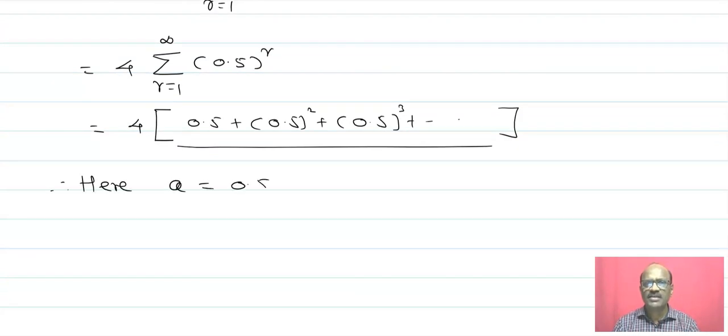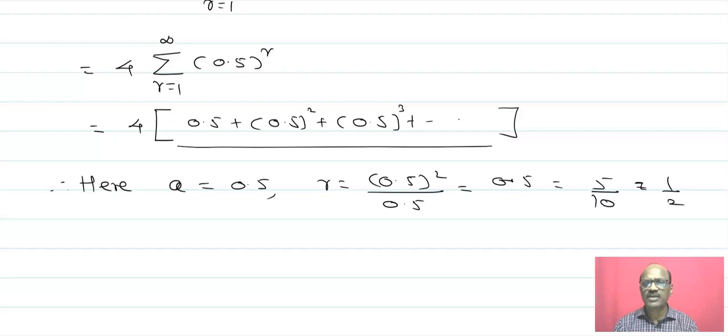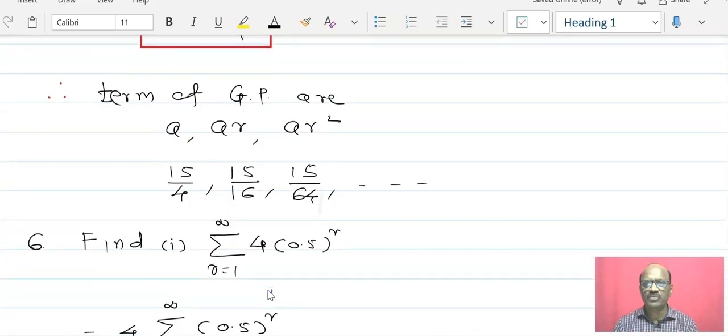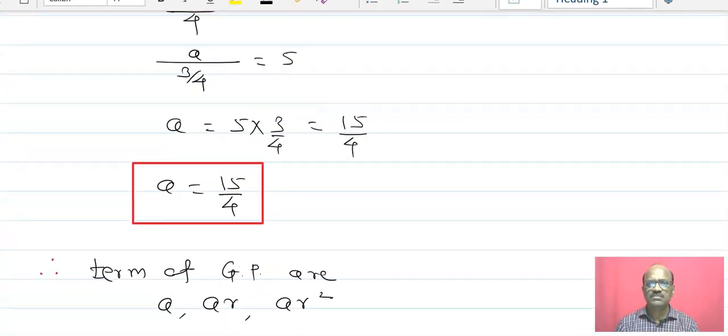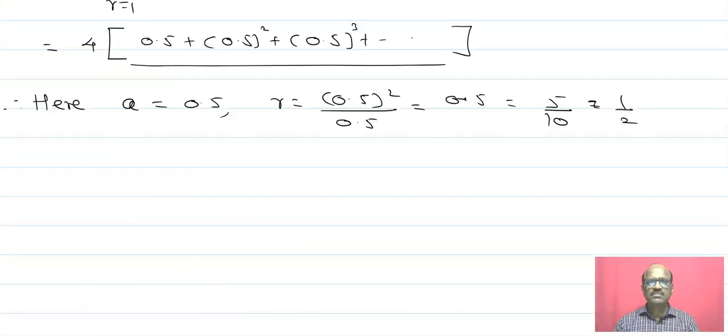Here a is equal to 0.5, r is equal to 0.5, because 0.5 square upon 0.5 is equal to 0.5, which is nothing but 5 upon 10, that is 1 upon 2. The value of r is 1 upon 2, mod of r is 1 upon 2, which is less than 1.